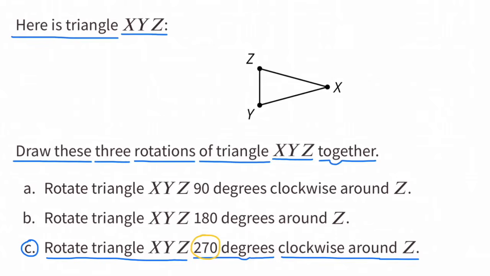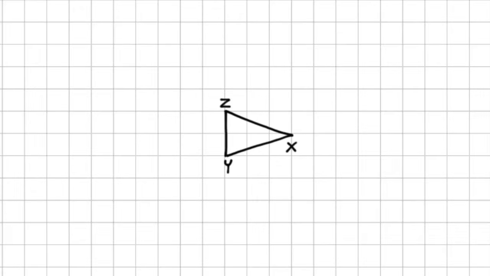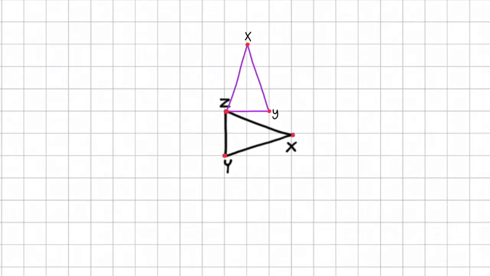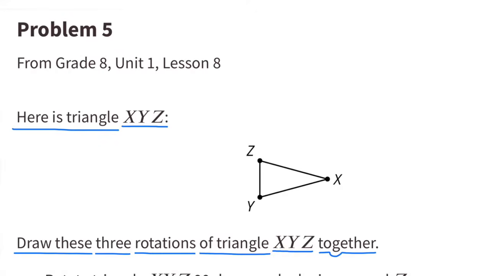C. Rotate triangle XYZ 270 degrees clockwise around Z. Again, the black triangle represents triangle XYZ. The purple triangle represents triangle XYZ after a 270 degree clockwise rotation around Z. They did ask to draw these 3 rotations of triangle XYZ together, so now I'll put them all together.